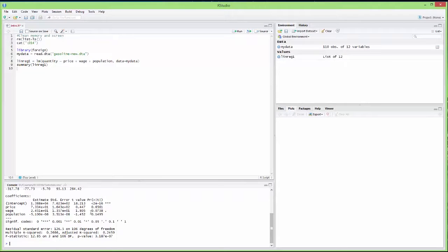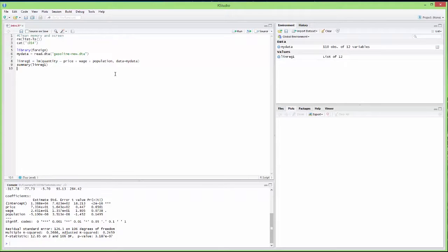And the population is not even significant at the 10% level. So our model seems not that good. If we look at the F statistic for the full model here, we see that the p-value is very small, 3 times 10 to the power of minus 7. So the model is significant overall.